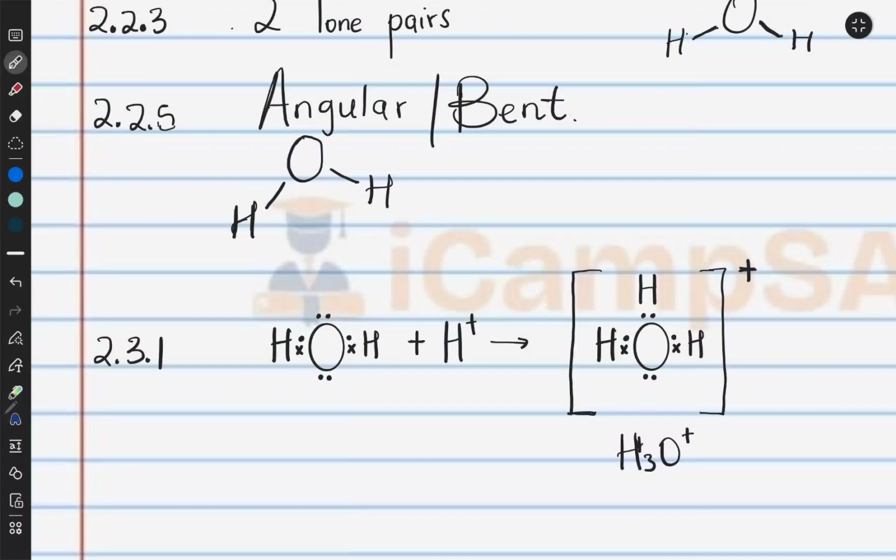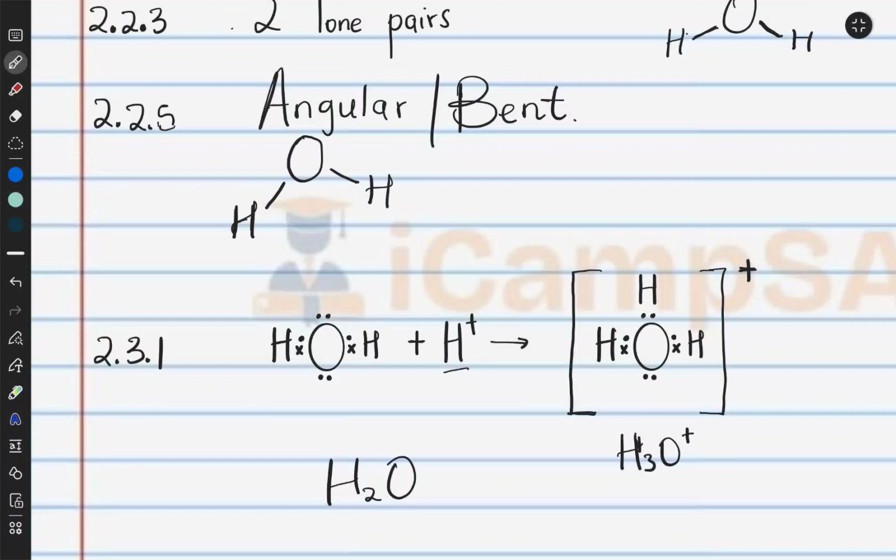Another way to think about it is, whenever a water molecule, H2O, accepts a hydrogen ion, remember that hydrogen ion had extra protons. They won't necessarily disappear.